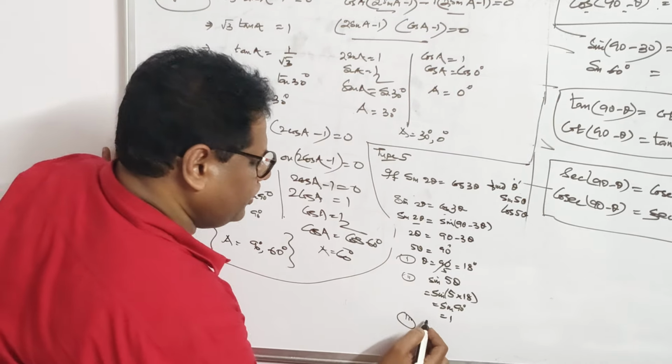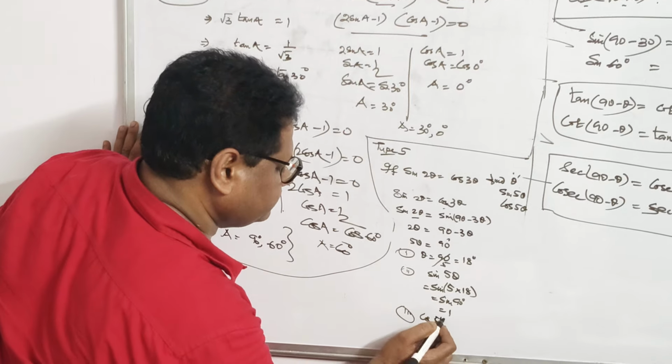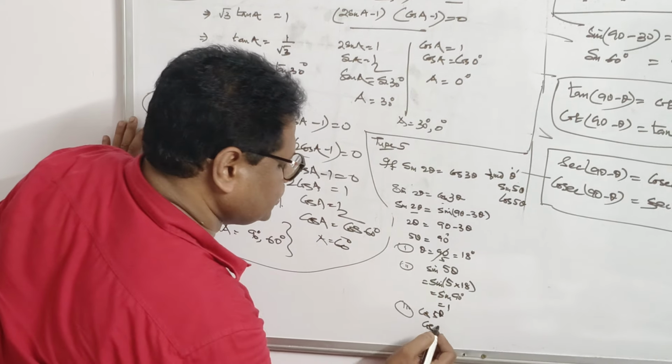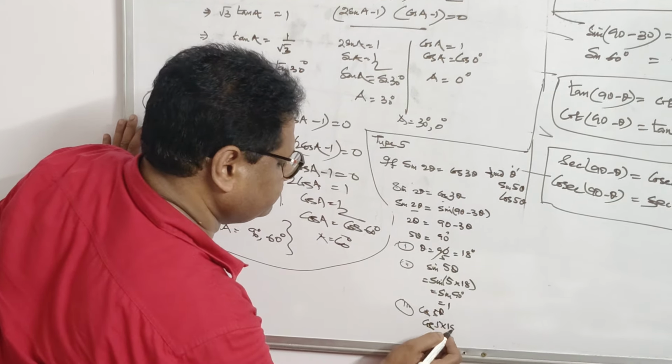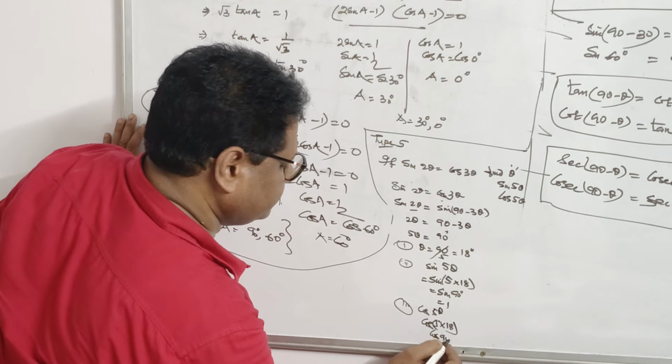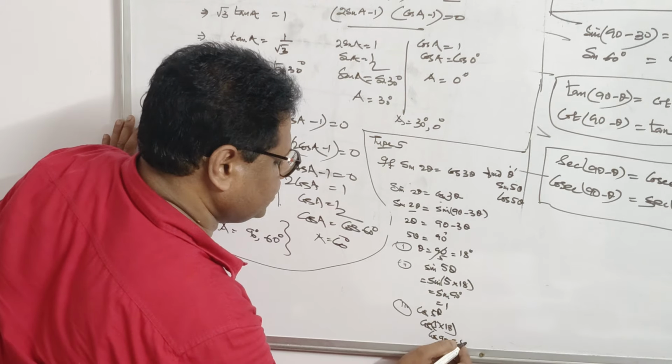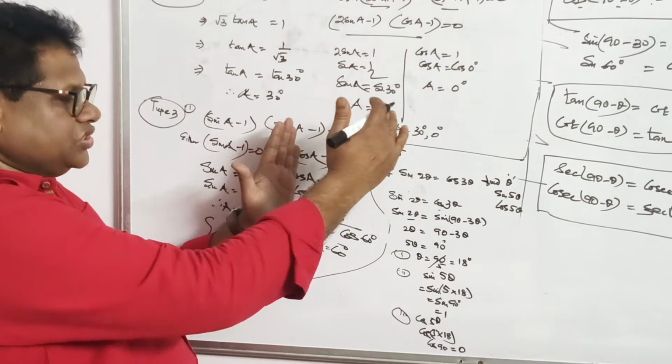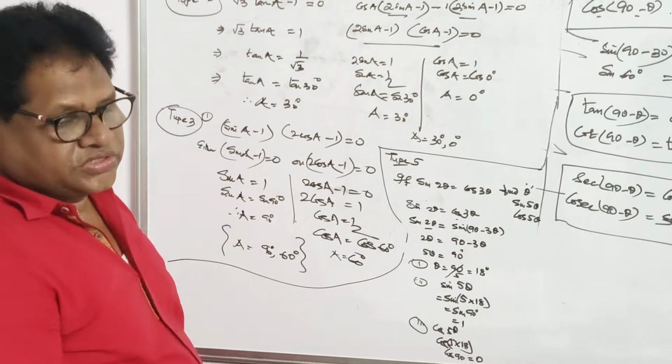Similarly, we have cos 5 theta, that means cos 5 into 18, that comes to cos 90 degree, whose value is 0, right? So this is one way to solve the equations.